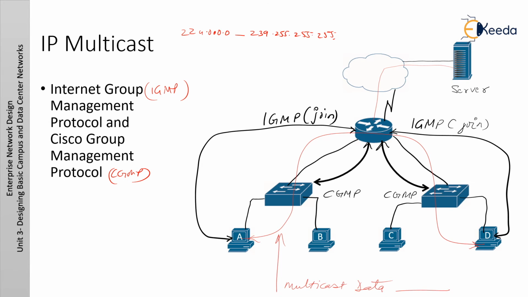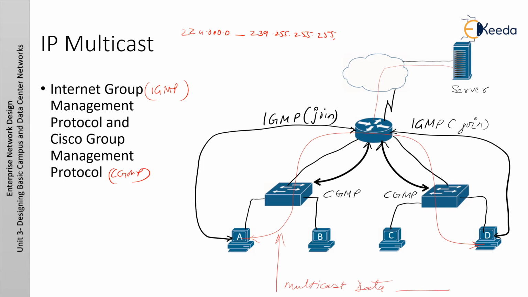IGMP is a network layer 3 protocol. Consequently, layer 2 switches do not participate in IGMP, and therefore are not aware of which hosts attached to them might be part of a particular multicast group.